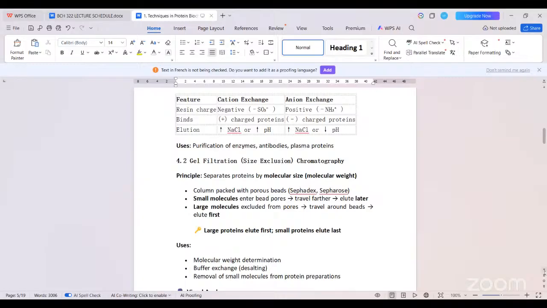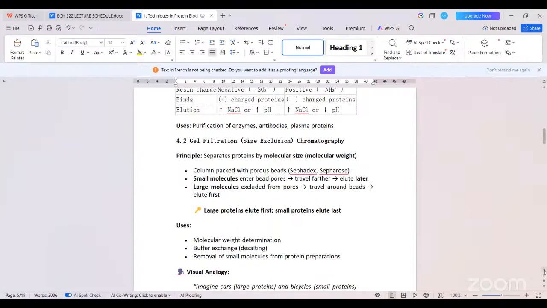And it's important to note that a ladder, that's the standard, is used so that you know where the band for the protein of interest lies. One must have good information on the protein of interest so that the right ladder is used and the right band formed.